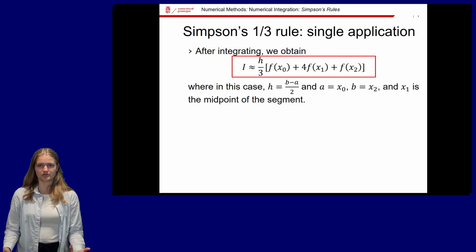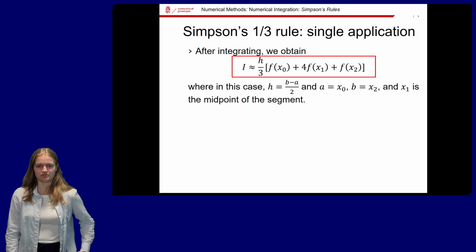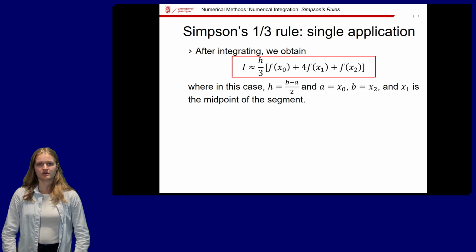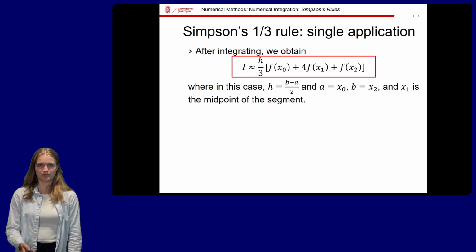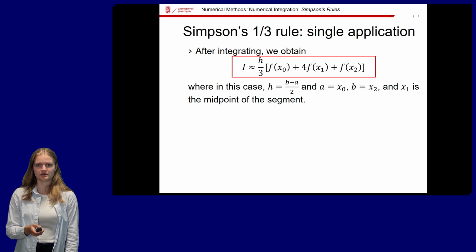If we have a single application, then h is equal to (b minus a) over 2, where a is the start point of the interval, or x0, b is the end point, x2, and x1 is the middle of the segment. You can see the name of Simpson's 1/3 rule comes from the fact that you multiply by h over 3 in the expression for the integral.